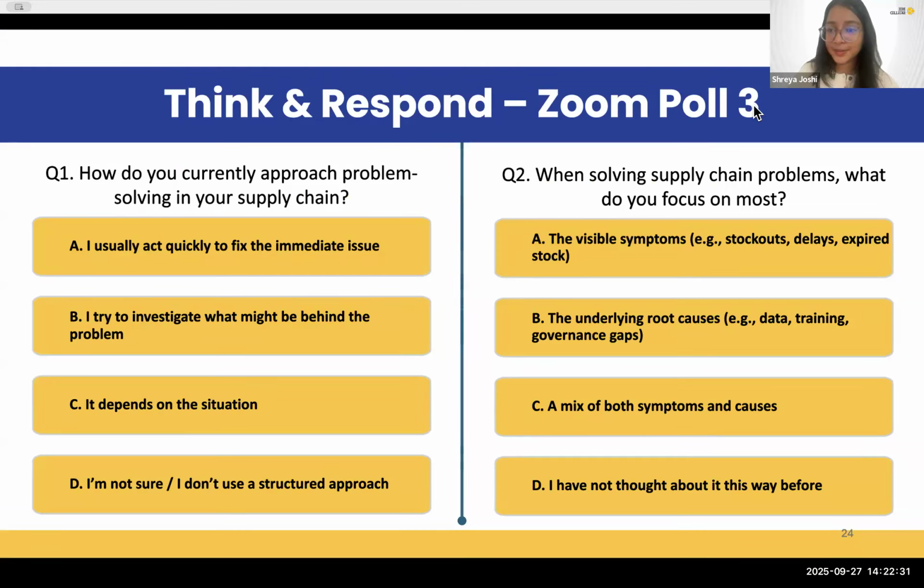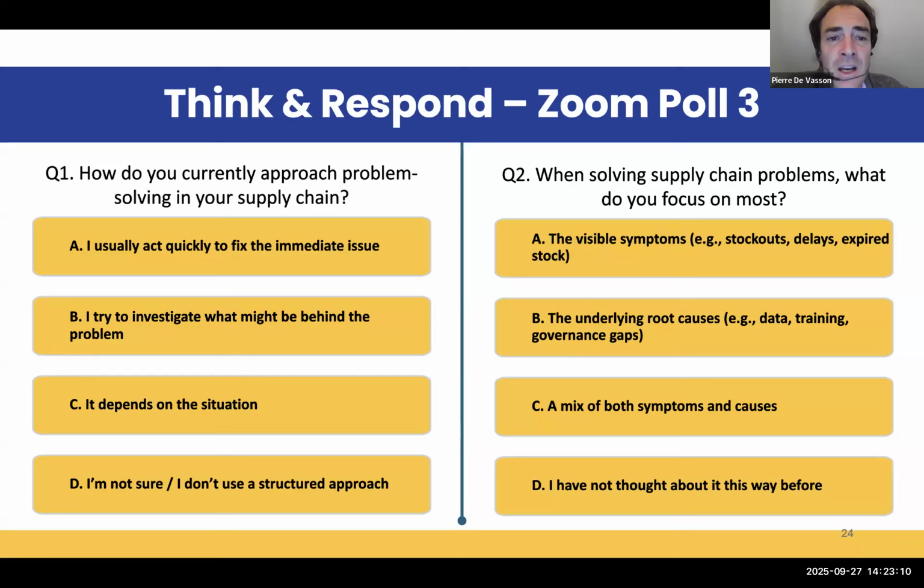Choice number one, and it's a unique choice: the visible symptoms, stock out, delays, expired stock. Number two, underlying root causes. Data is one of them, training is one of them, gaps in governing the supply chain could be another one. Third answer, a mix of both symptoms and causes. And number four, I have never thought about this way before. So this is the number one question.